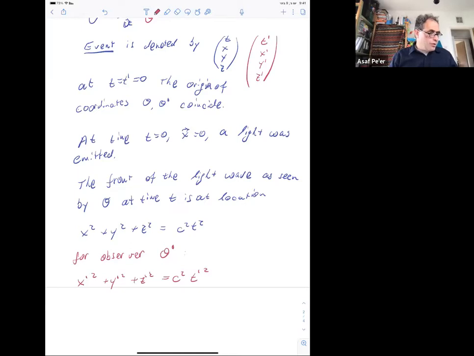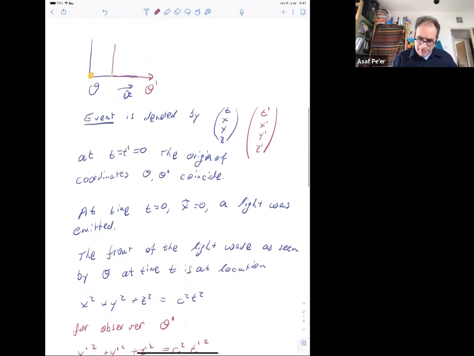So this is Michelson and Morley. Now, of course, we can assume without loss of generality, as I showed here, that O prime moves in the X direction relative to O. It doesn't have to be.